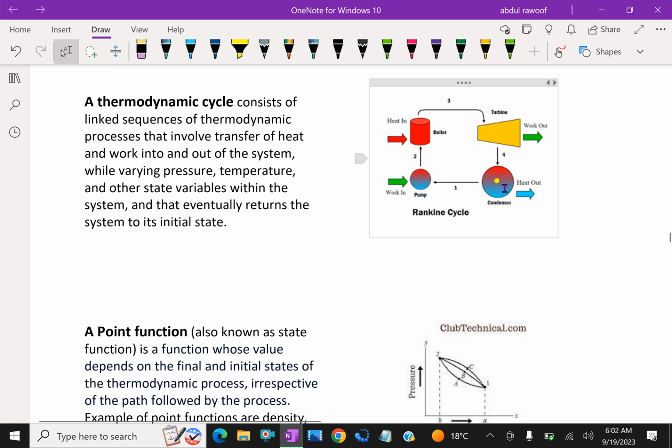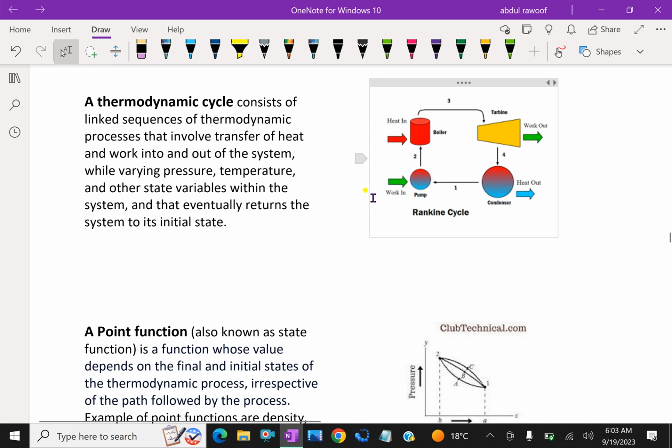The condenser gives heat-reduced water to the pump, and the pump supplies pressurized water to the boiler, and the water heats up in the boiler, and the cycle continues. This is a continuous and repeated process. It's called a thermodynamic cycle.